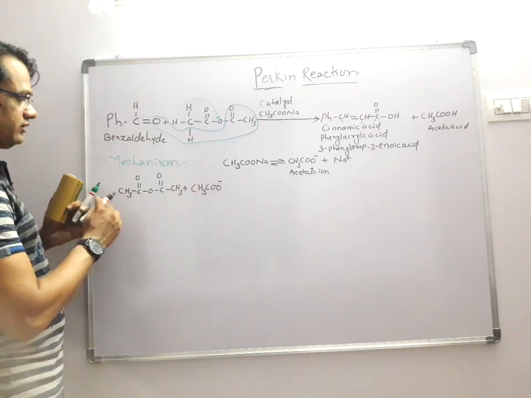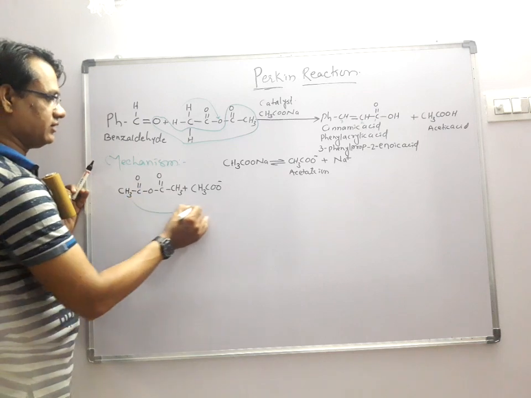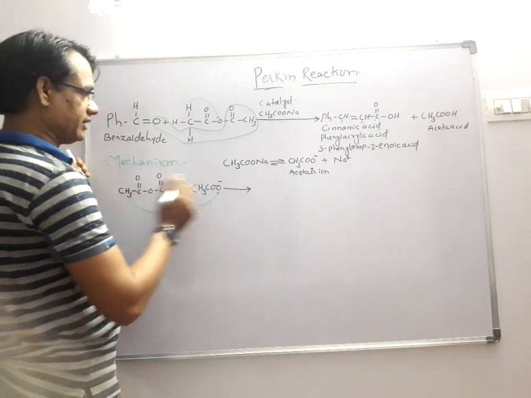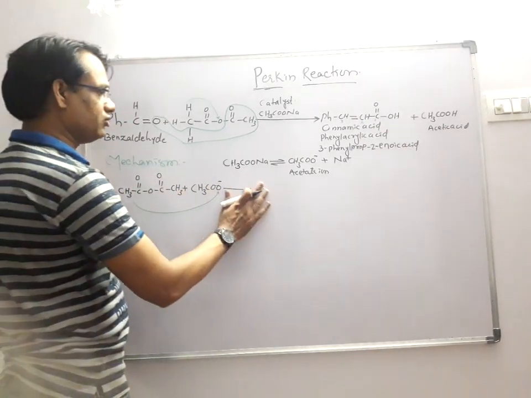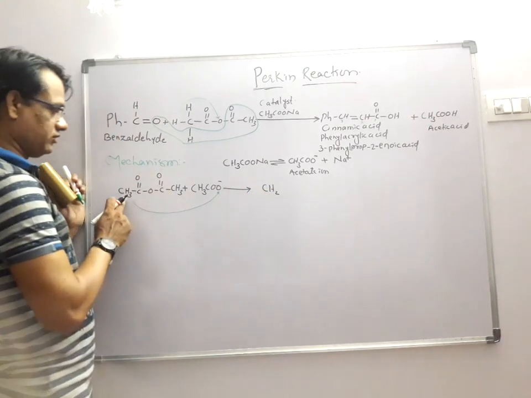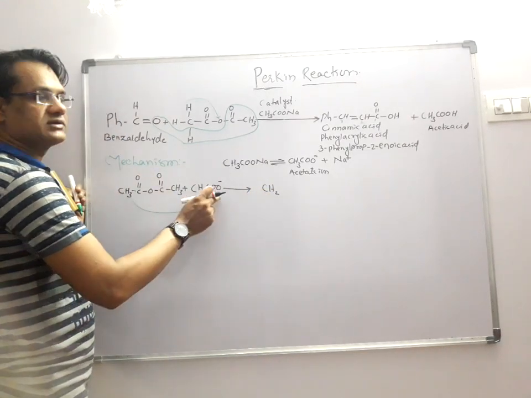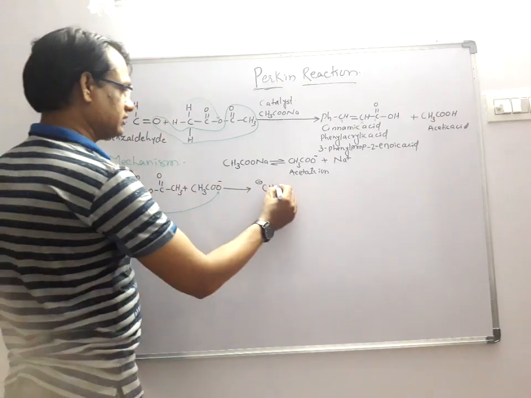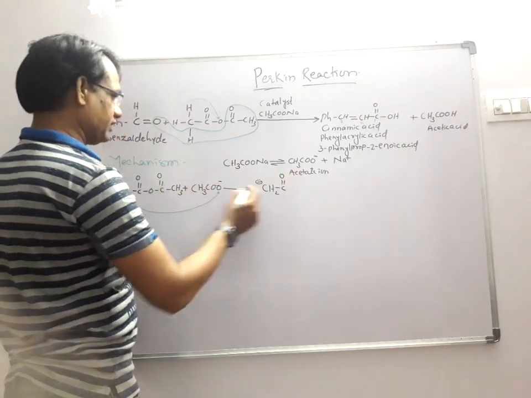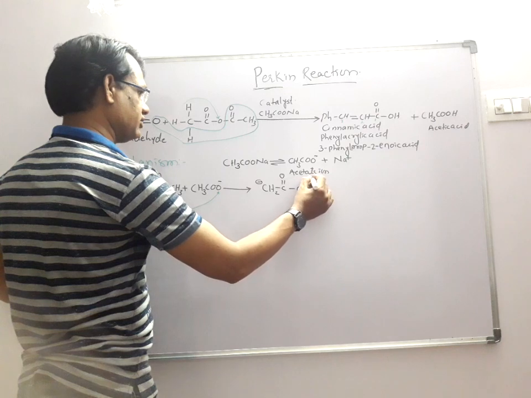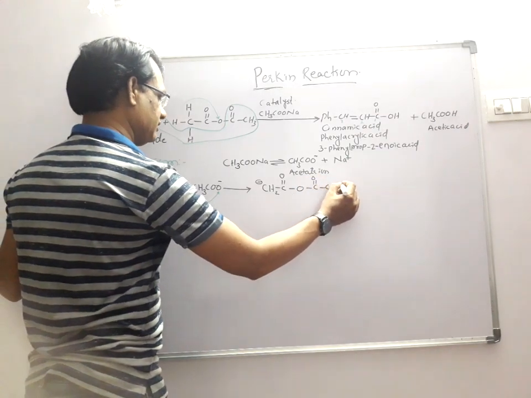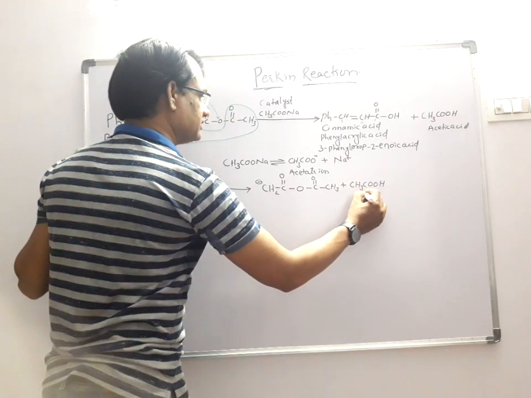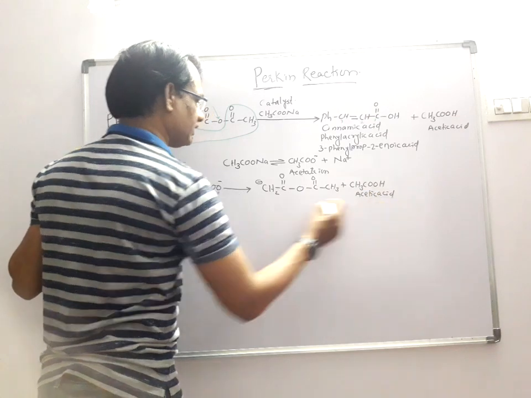One of the protons is shifted here, and it forms a carbanion, that is this CH3 converts into CH2, and the negative sign is here because the proton is donated by this carbon atom, therefore it acquires a negative charge. Now this C=O, then O, C=O, CH3 plus CH3COOH. Here this is acetic acid.